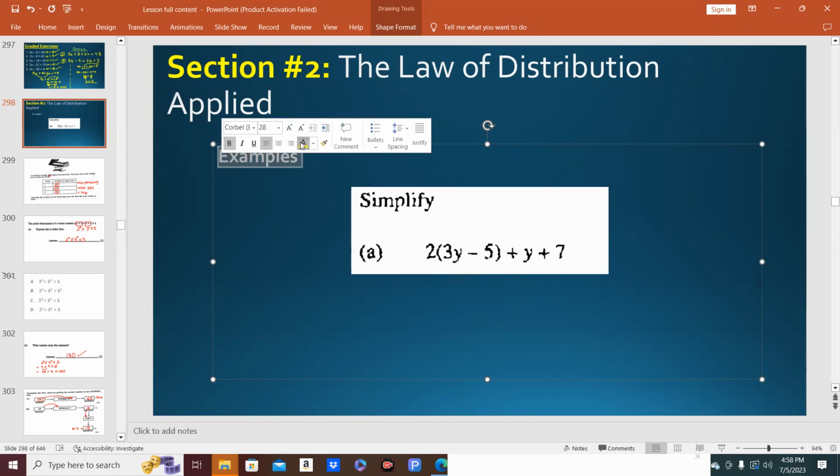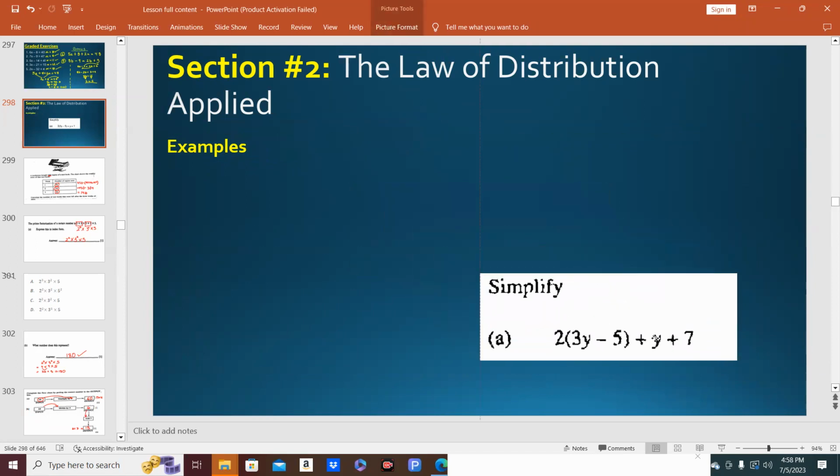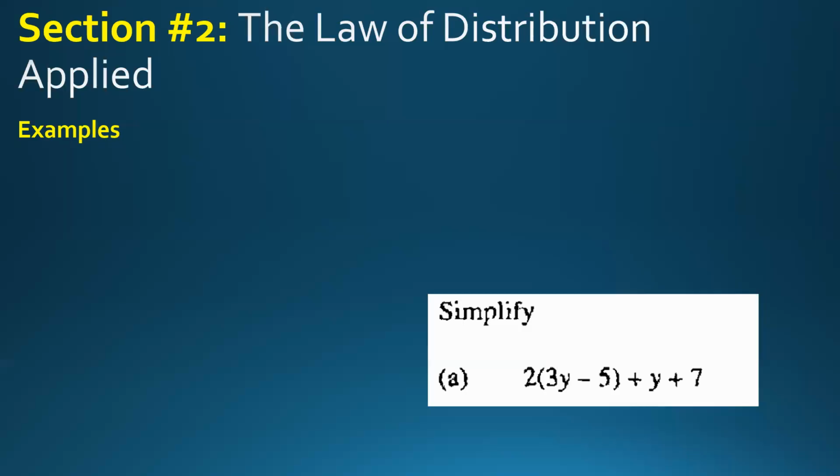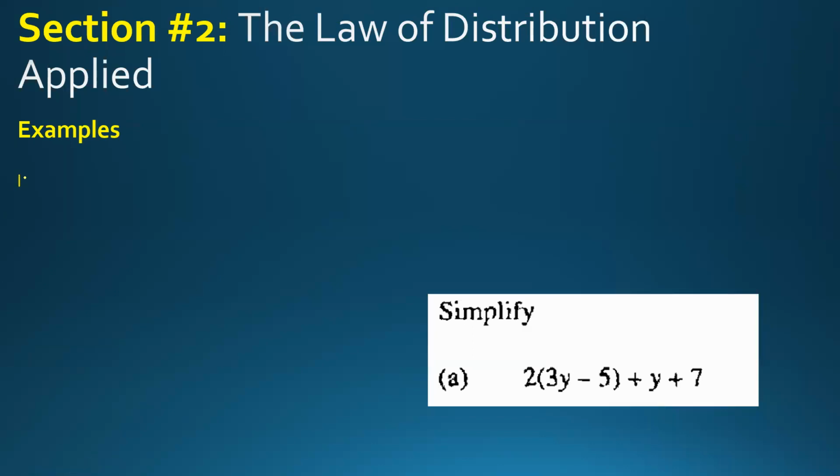The example says, simplify number 1: 2 open bracket 3y minus 5 close bracket plus y plus 7.